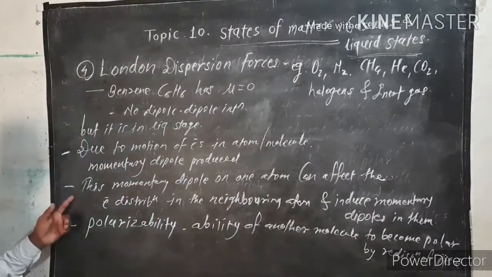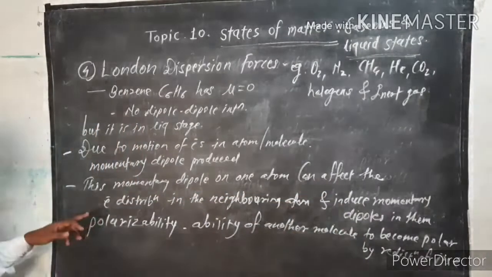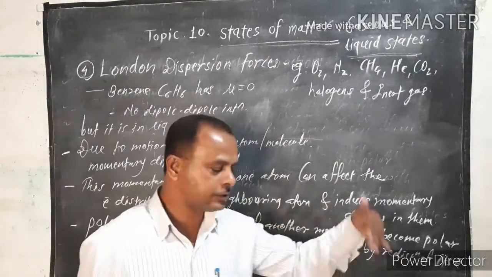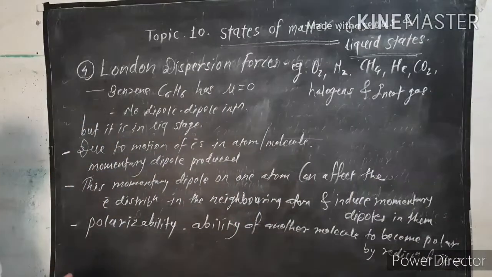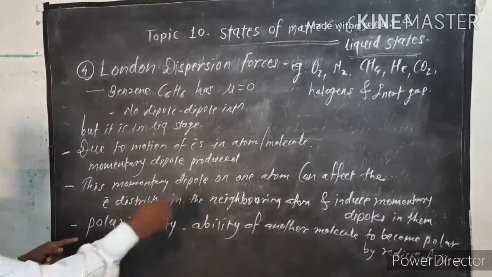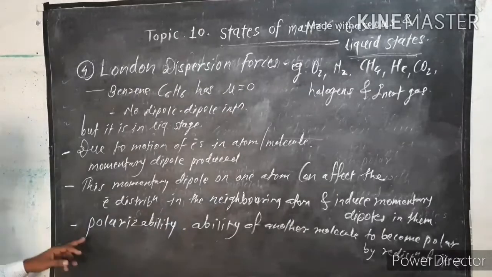So this momentary dipole of one atom can affect the electron distribution in the neighboring atom and induce dipoles in them. Okay, the redistribution of electrons.